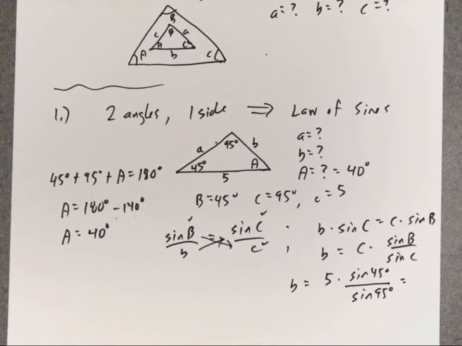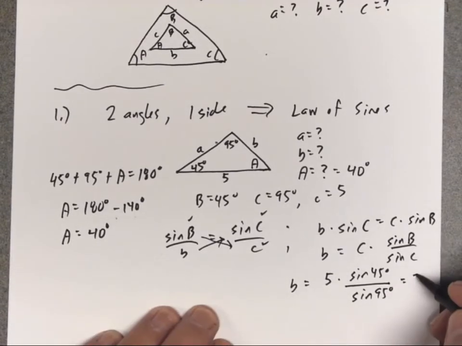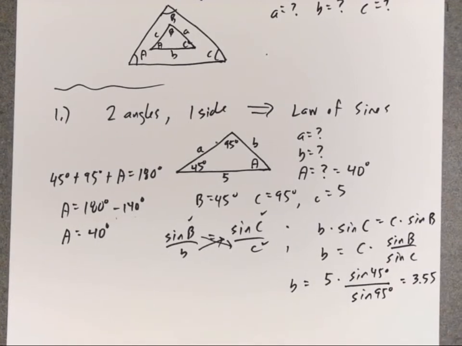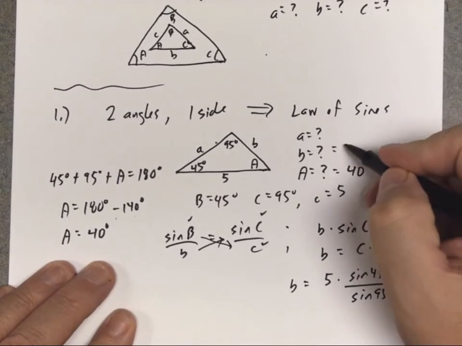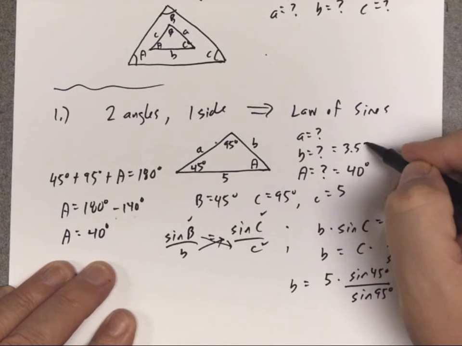I have 3.549, so we'll call it 3.55. So now I've determined B is 3.55.